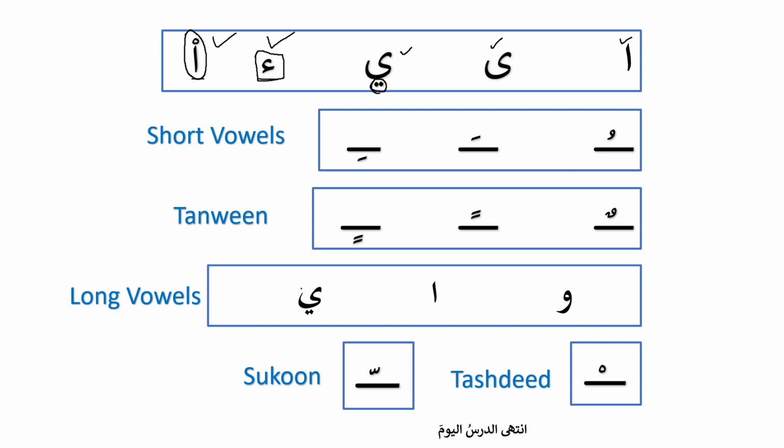Very good question. And the long vowel written here, waw, alif and ya, is also two harka. So why do we say that in Kubra we read fast, one harka, and in long vowels we read two harka? I'm confused.